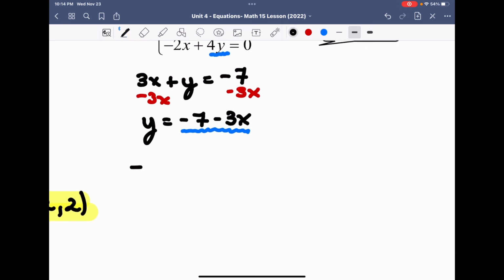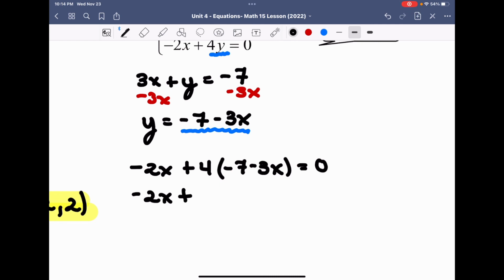When I do that, the following is negative 2x plus 4 times everything that y was equal to, is equal to 0. And so I get negative 2x plus, when I distribute this 4, I guess I shouldn't assume that there's going to be a plus because the signs are going to be impacted here.